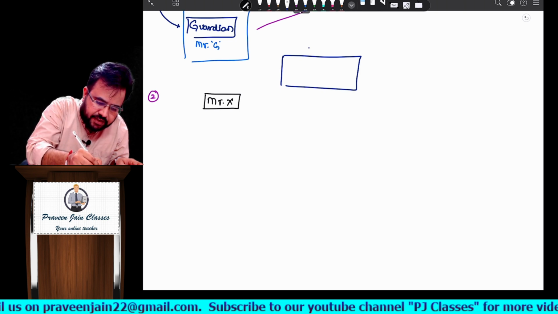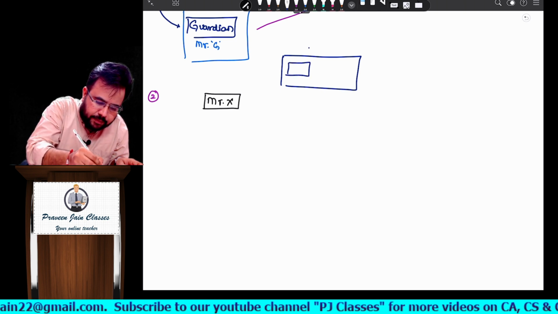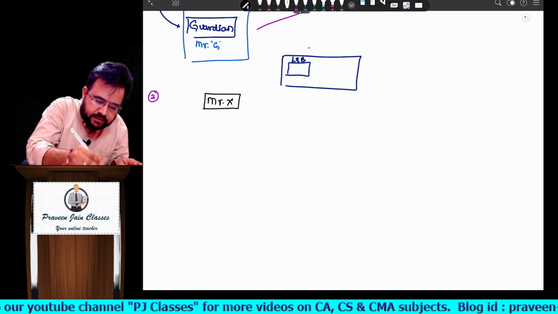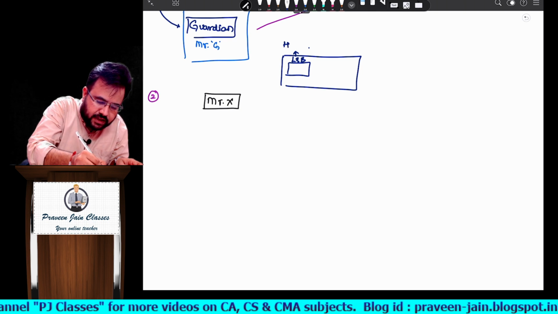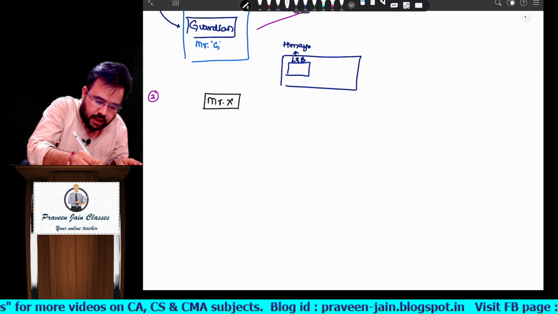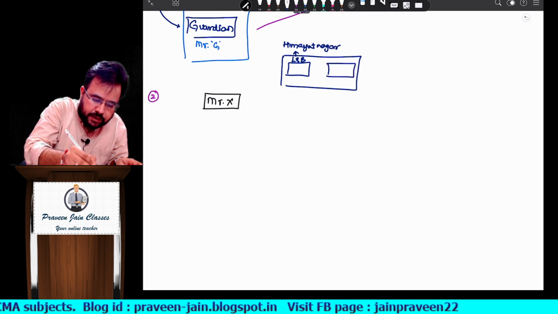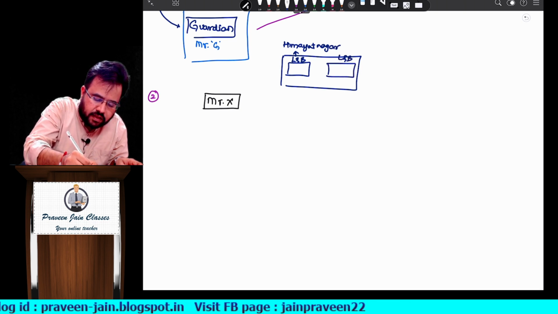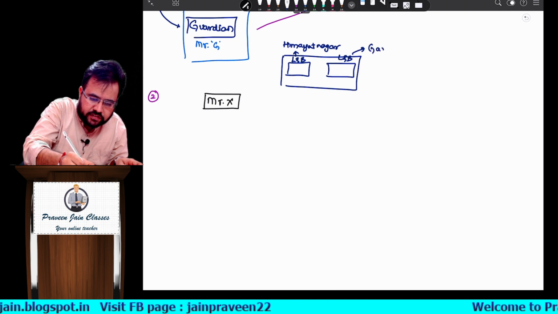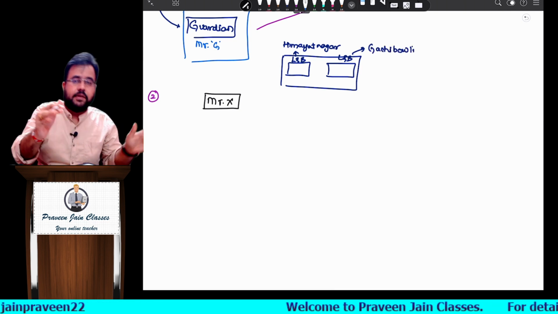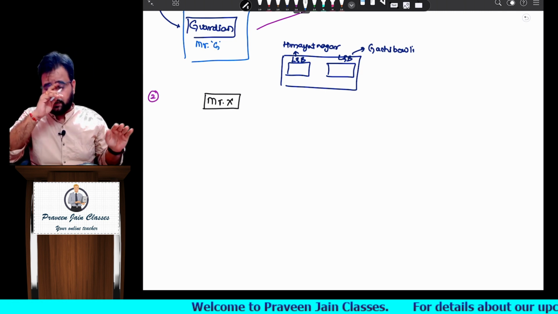He is having one land and building in, say for example, Himayat Nagar area. It is one place in Hyderabad, sir. And imagine another land and building, say for example, somewhere in Gachibowli, sir. This is also in Hyderabad. So he is having two different buildings in two different places, sir.